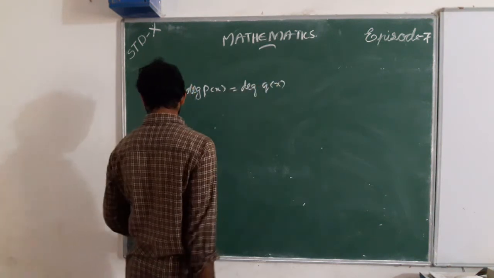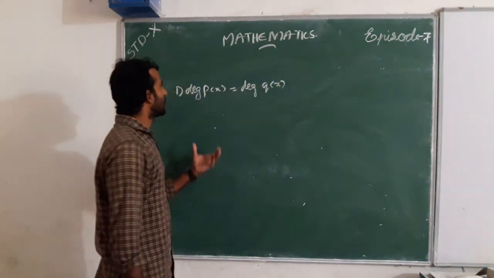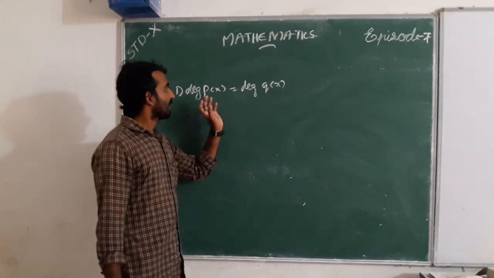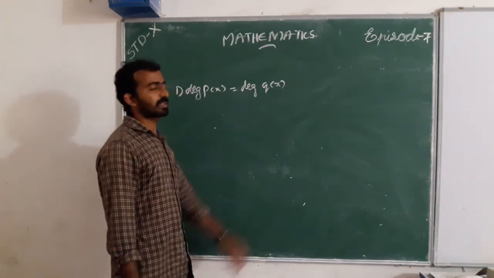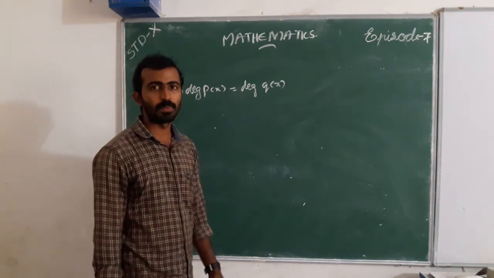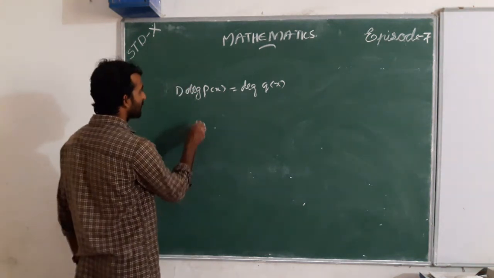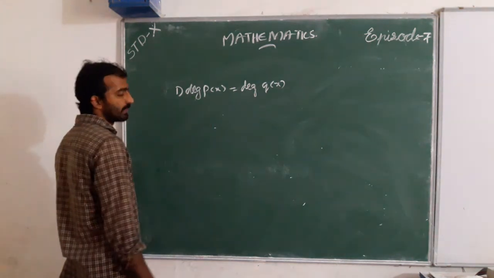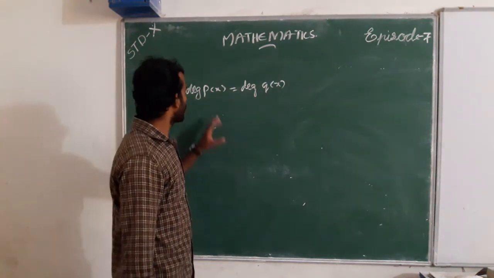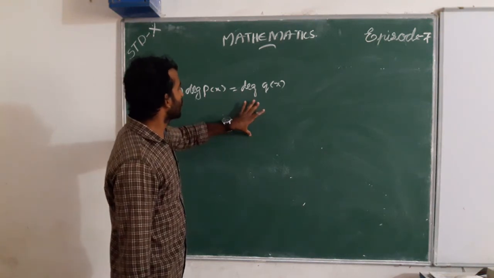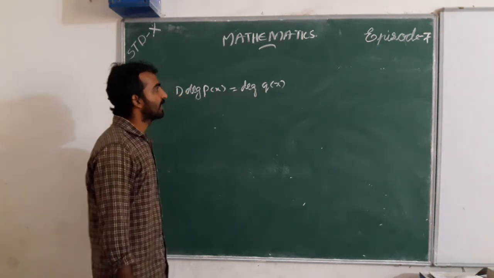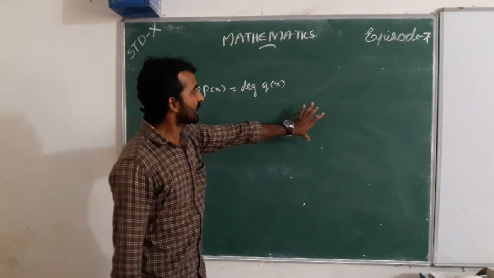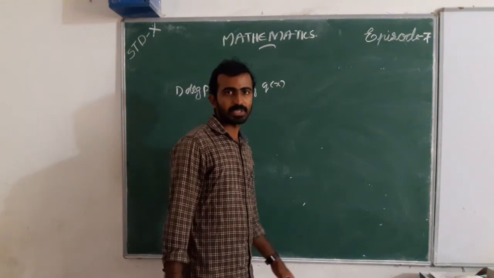That is, we want to take two polynomials whose degrees must be equal. We know in the division algorithm, degree of p of x is greater than degree of g of x, which is greater than degree of r of x.